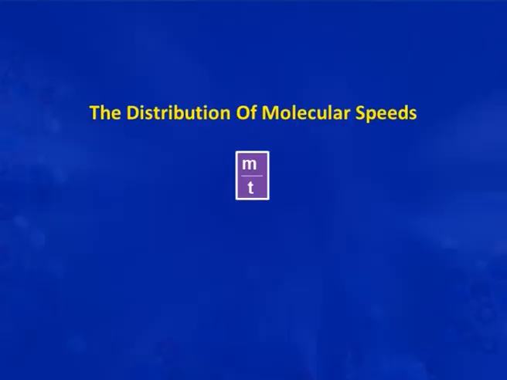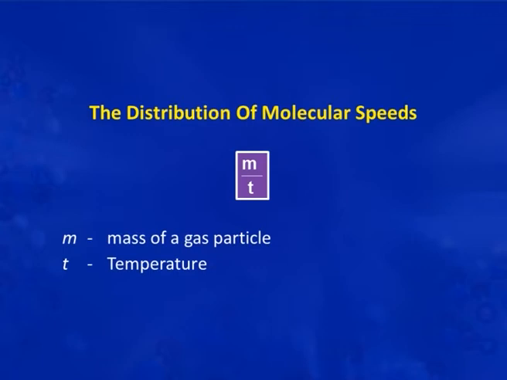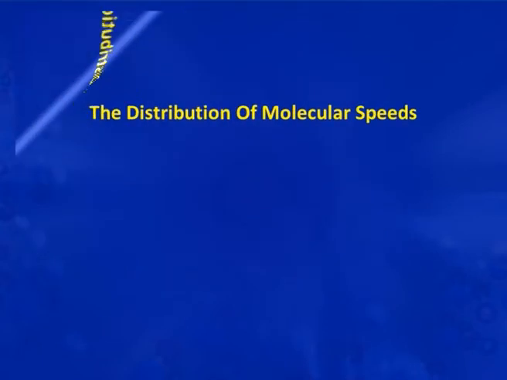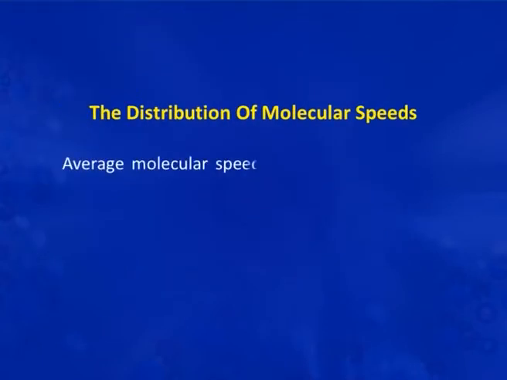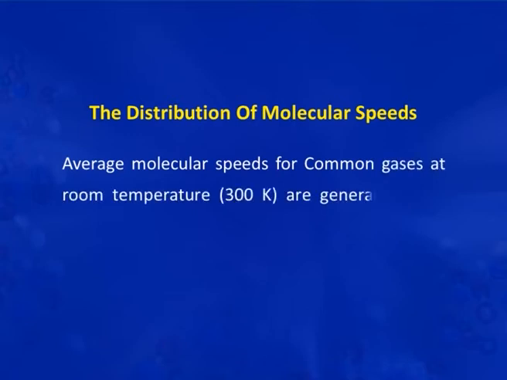The distribution depends on the ratio m by T, where m is the mass of a gas particle and T is the temperature. We can see that average molecular speeds for common gases at room temperature, that is 300 Kelvin, are generally a few hundred meters per second.